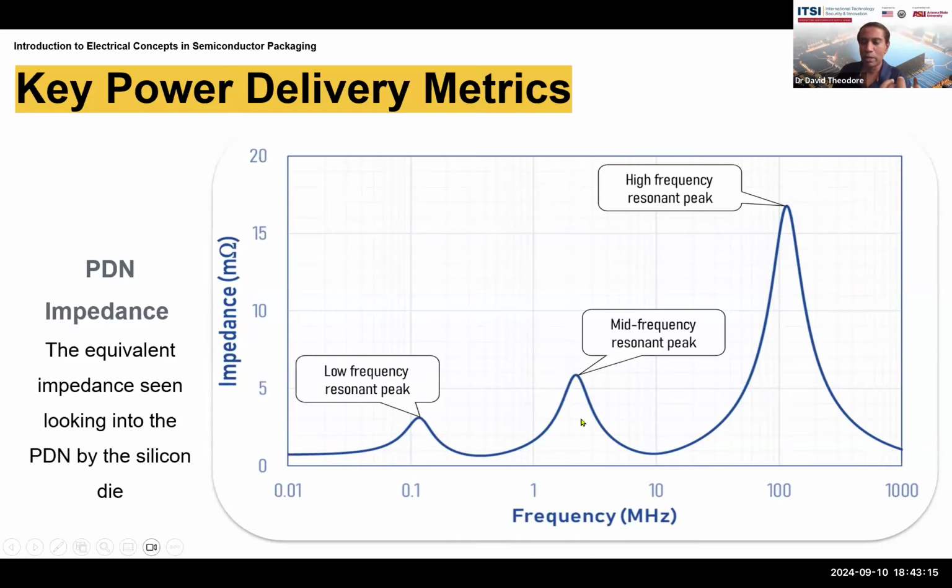You can see that at about, whatever this number is, maybe about 2 megahertz. And then when we move up here, a high frequency resonant peak is occurring with a higher impedance at about 100 megahertz. So depending on the frequency of the signals coming into your system, those signals are going to see a chip or a power delivery network that appears to have a different impedance.